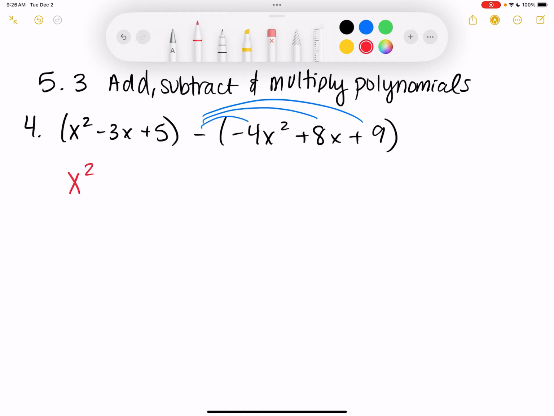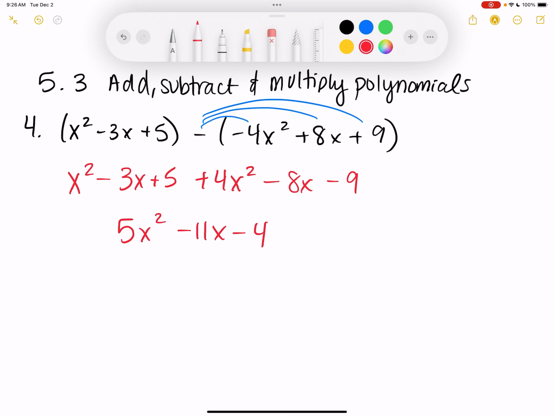So I would do x squared minus 3x plus 5, and then distributing this through, I would have plus 4x squared minus 8x minus 9. And then combining like terms, I've got 5x squared minus 11x minus 4.